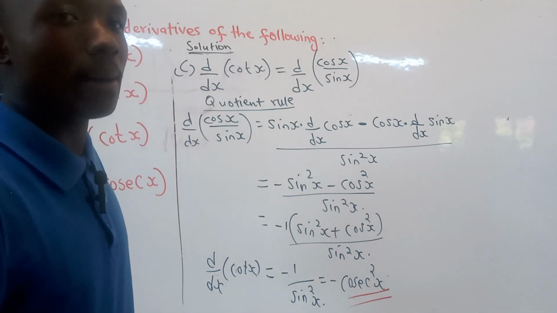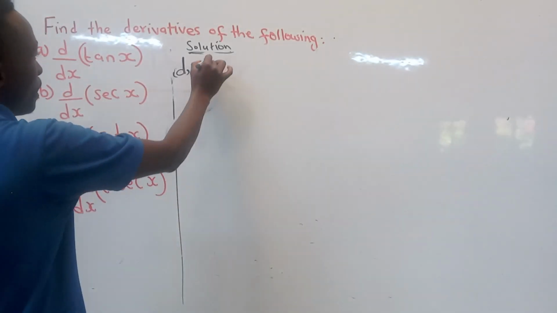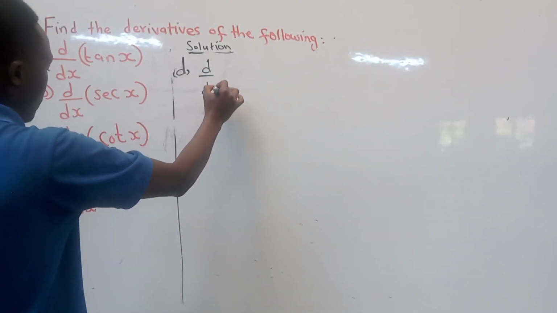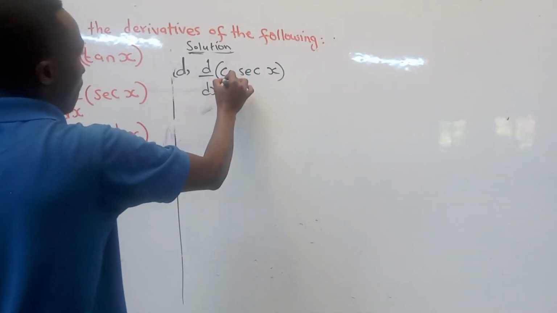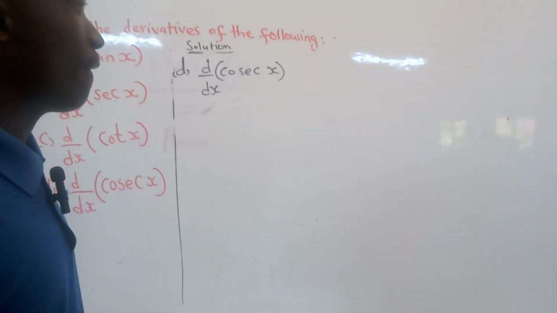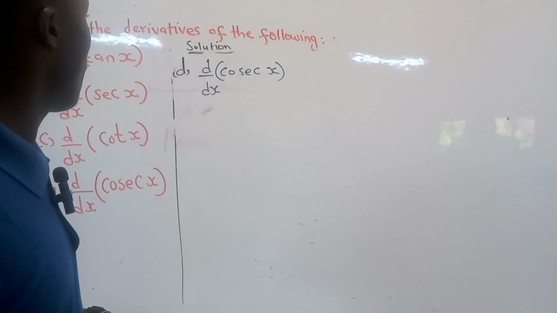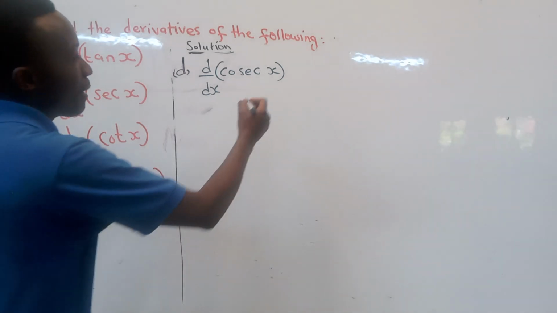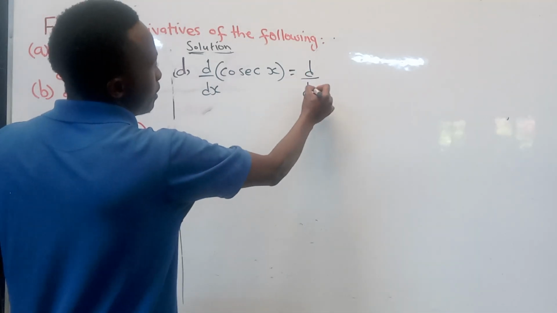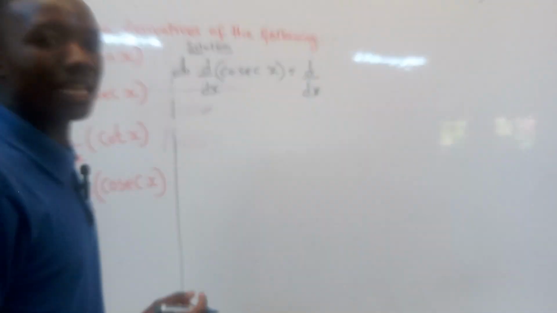We now go to the last example. Now we are at our last example. We are supposed to find d over dx of cosec x. In this one, remember that it still means the same as d over dx of cosec is the inverse of sine.